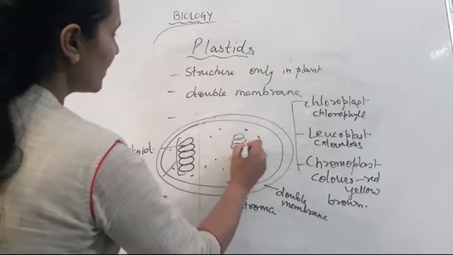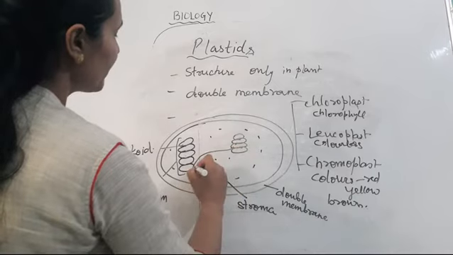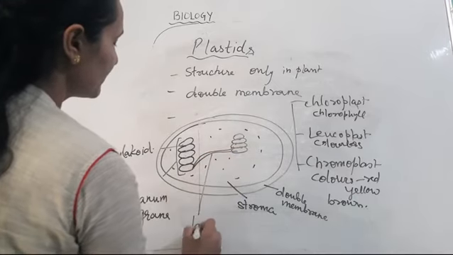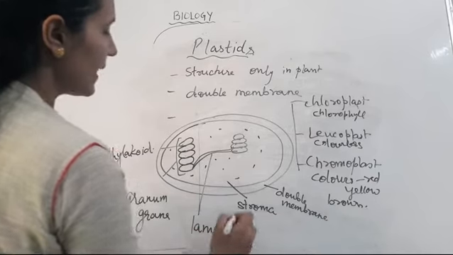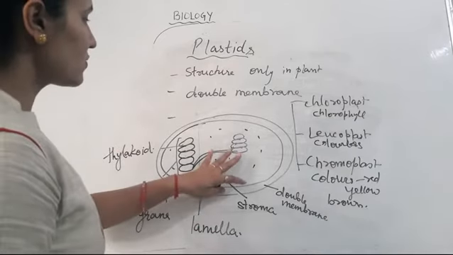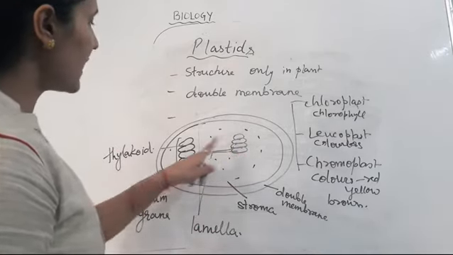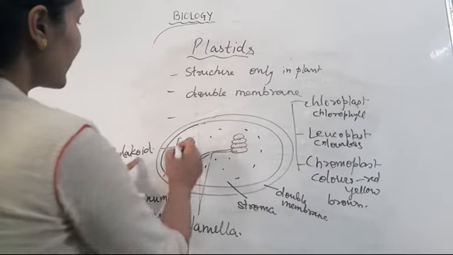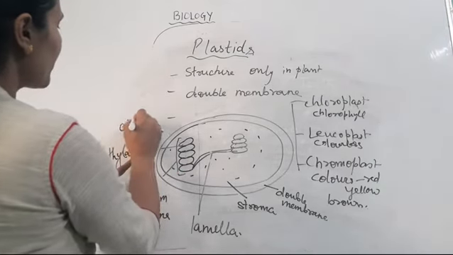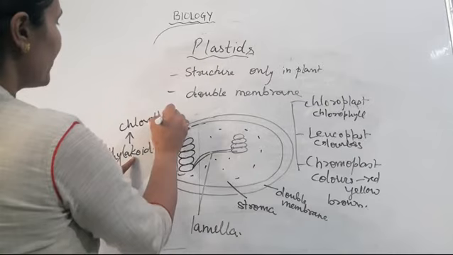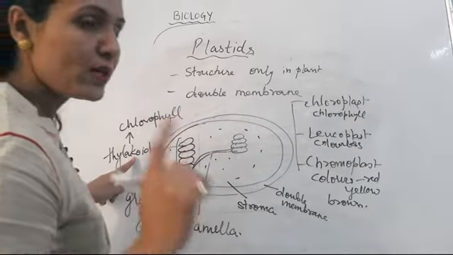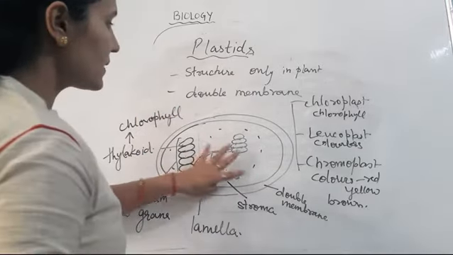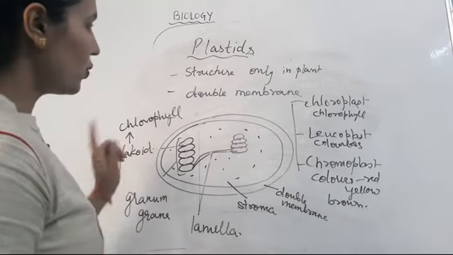These grana are joined together by different lamellae. It has different grana that contain thylakoids, and each thylakoid consists of a pigment called chlorophyll which helps in photosynthesis. Clear? So this is the typical structure of a chloroplast.